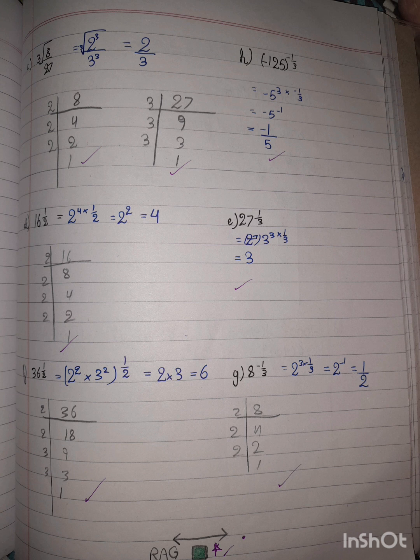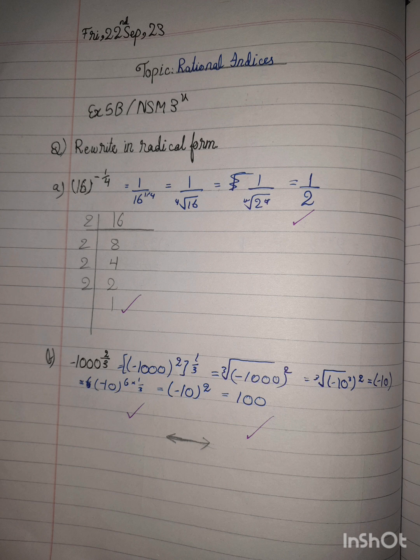As you can see in all these parts, we have figured out the base and its power. So for that, we did prime factorization and then we have solved the power, simplified it, and then found the final answer.